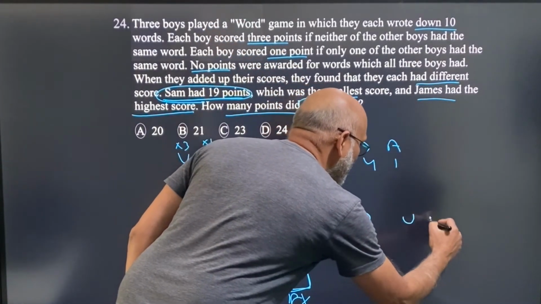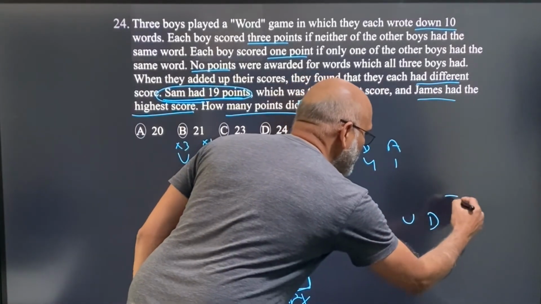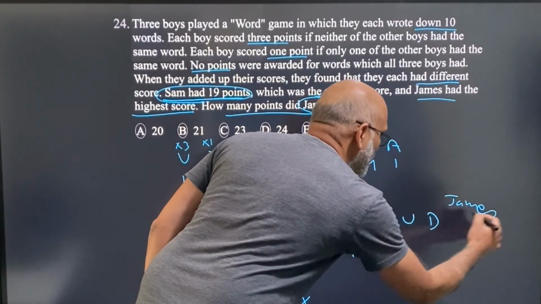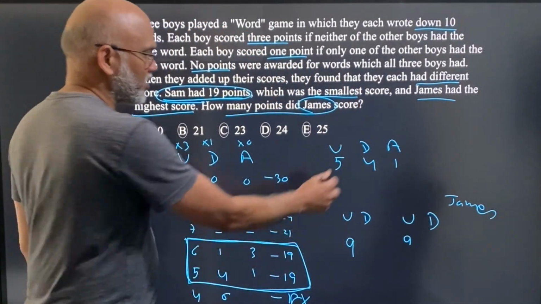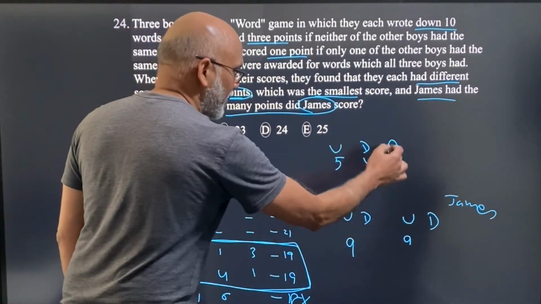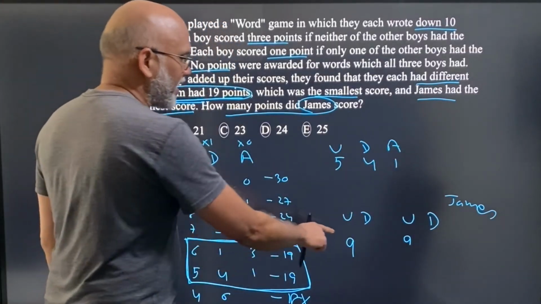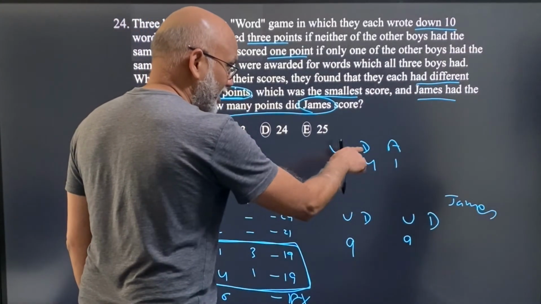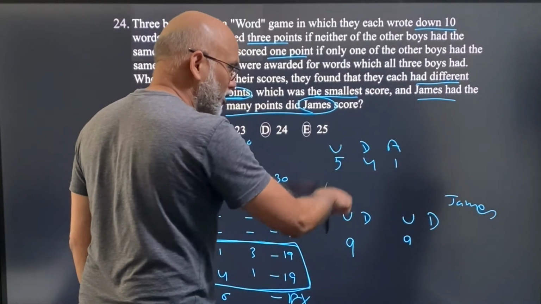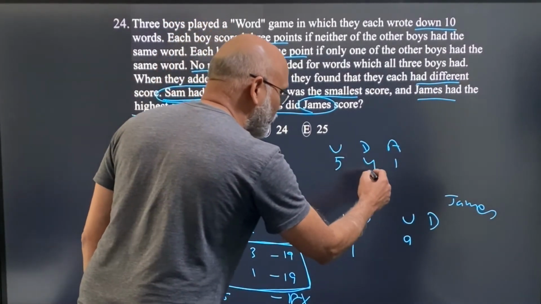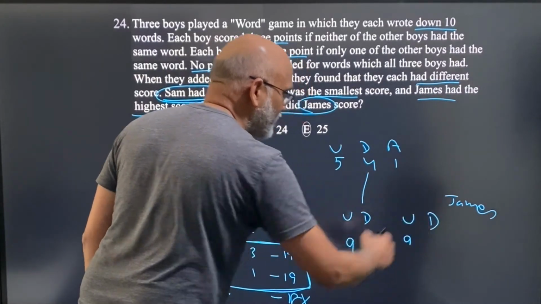So this is unique and duplicate. So this is James. I'll try to maximize this. Maximum unique you could have had is 9, because everybody had 1. So if he had 9 unique, there is 4 duplicate with one other person. So let me give that duplicate to here, so that I want to maximize James' number.